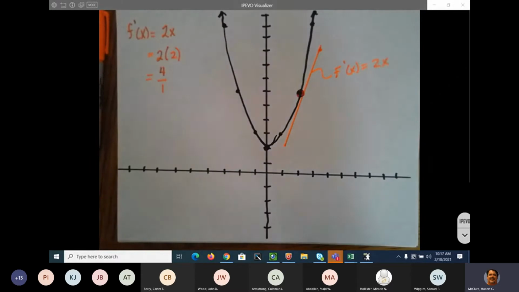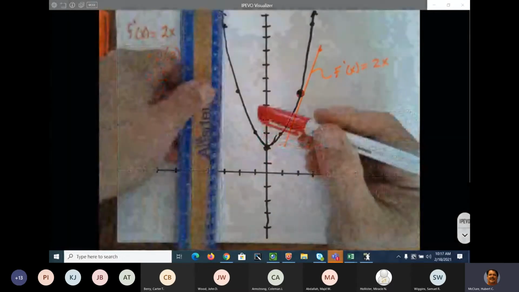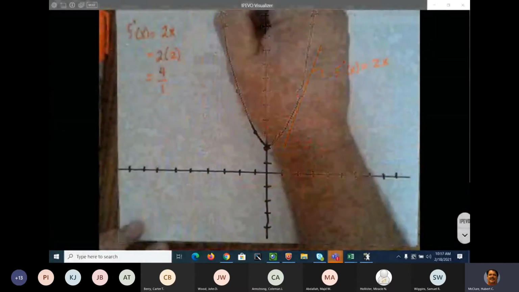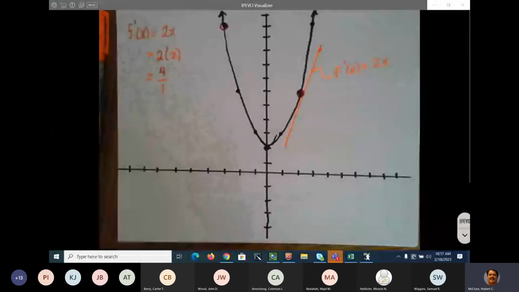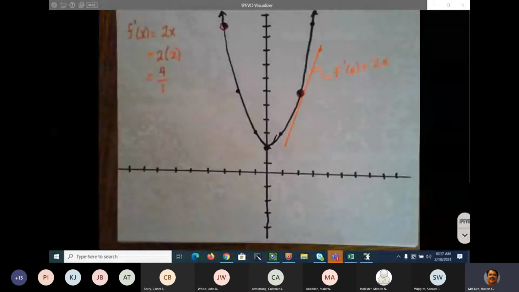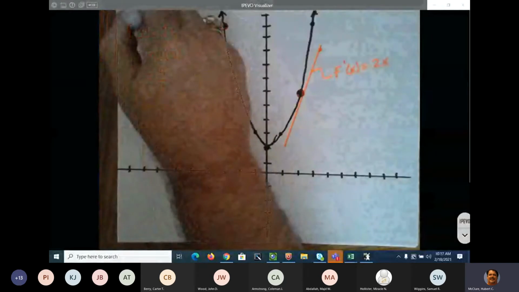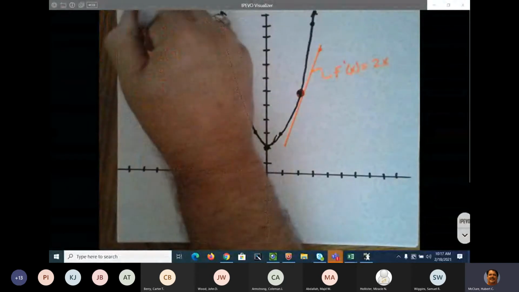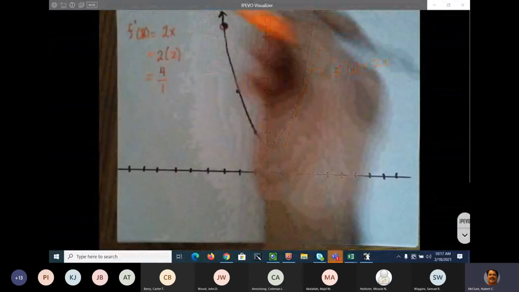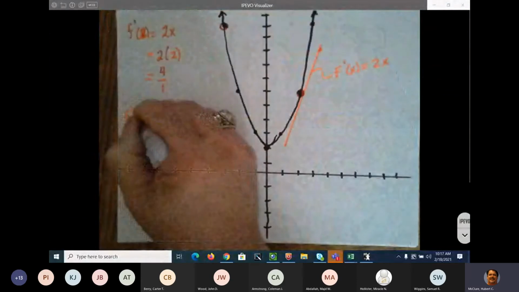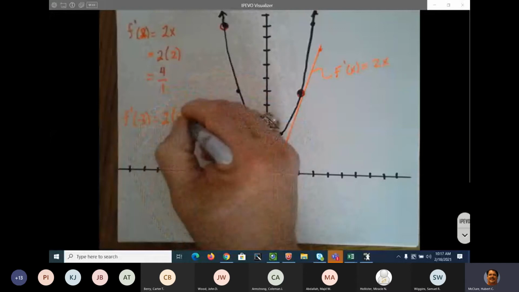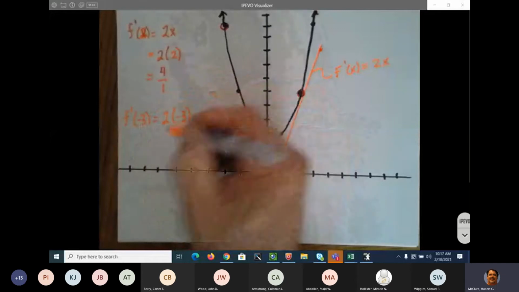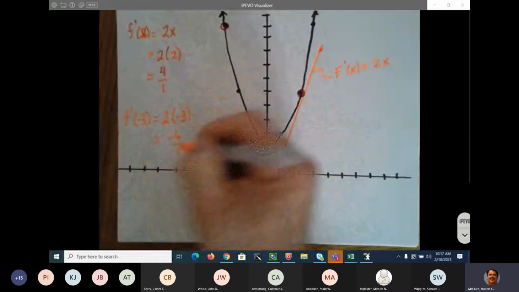Negative 3 is up here, so I'm going to draw a circle around that negative 3 and plug it in. So f prime of x, and I could plug 2 in right here. f prime of negative 3 is equal to 2 times negative 3, which is equal to negative 6 over 1.